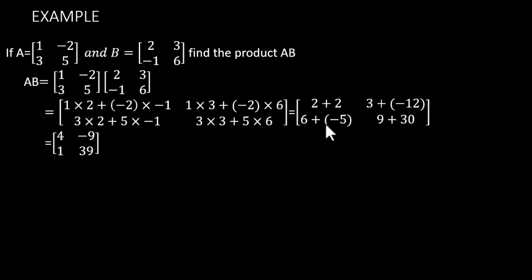Then 6 minus 5 is just 1. Then 9 plus 30 is just 39. So basically, this is our answer. This is how we go about solving such kinds of questions.